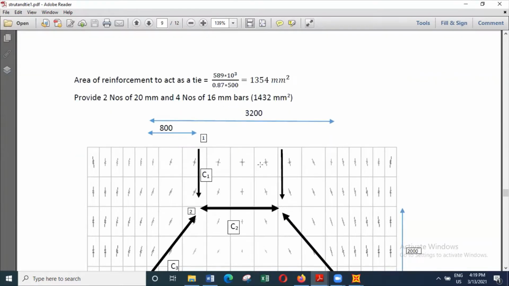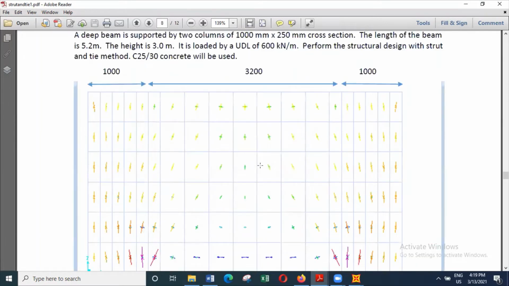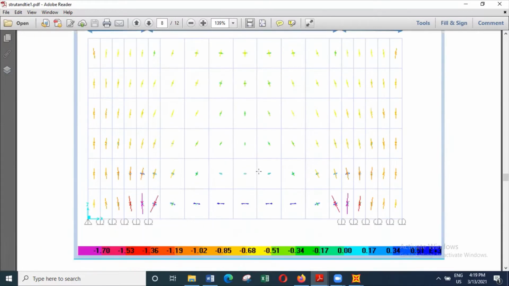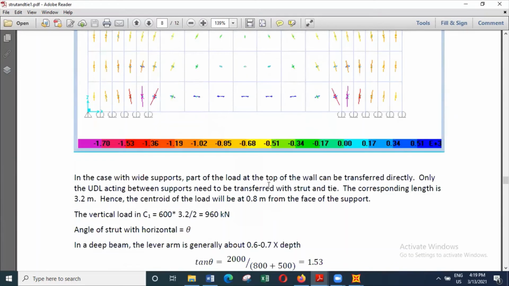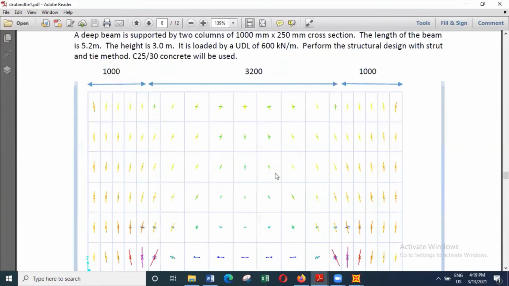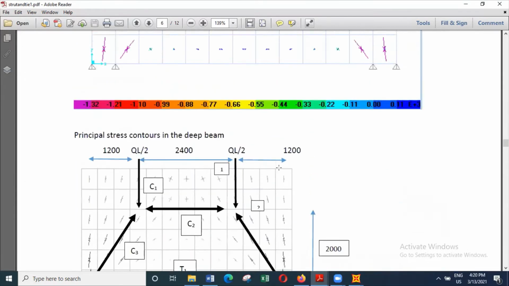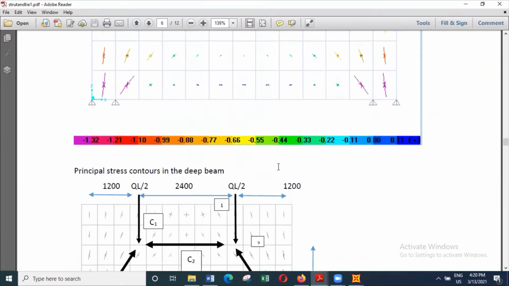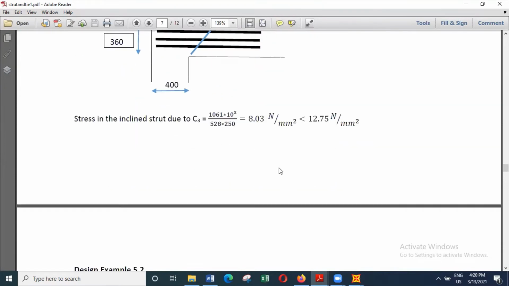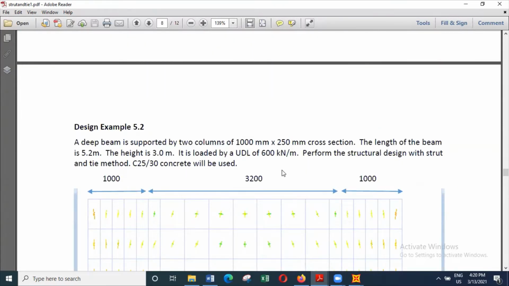Although in the early example, the load was 350 kilonewtons per meter.